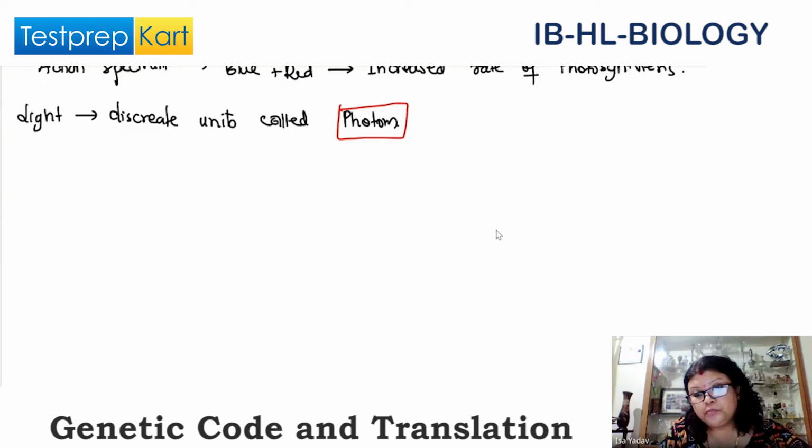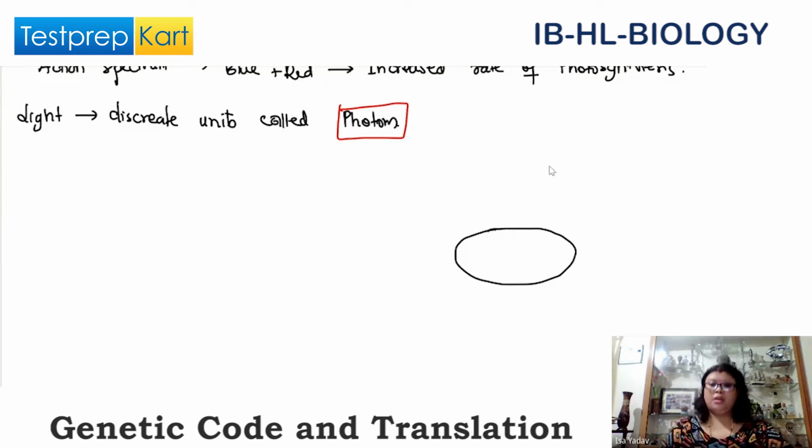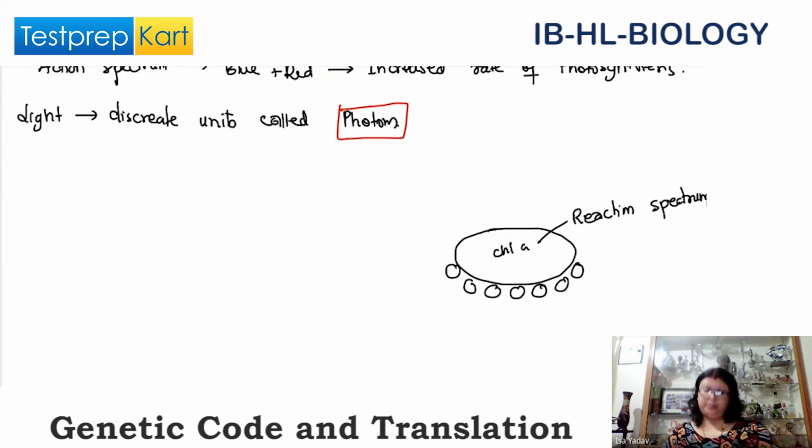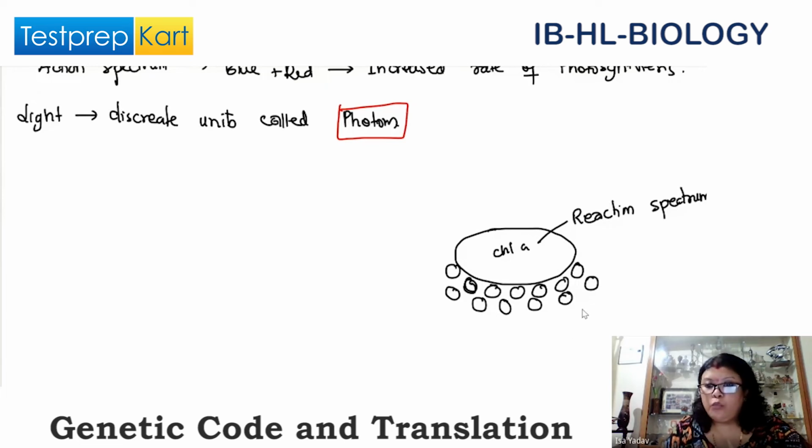In the chloroplast, we have chlorophyll A. Chlorophyll A is called the reaction center.